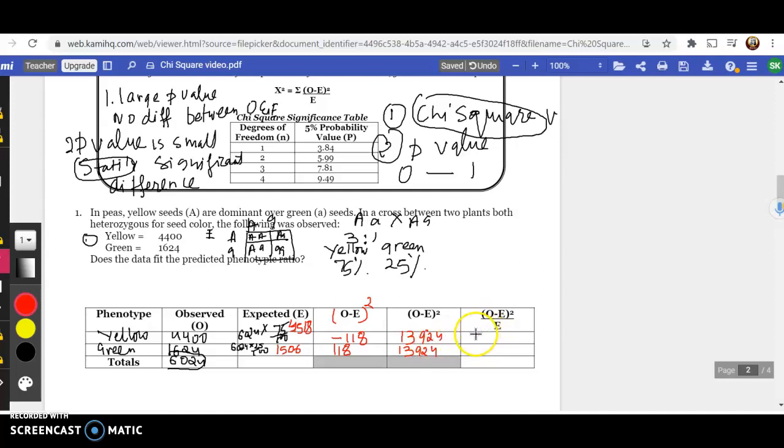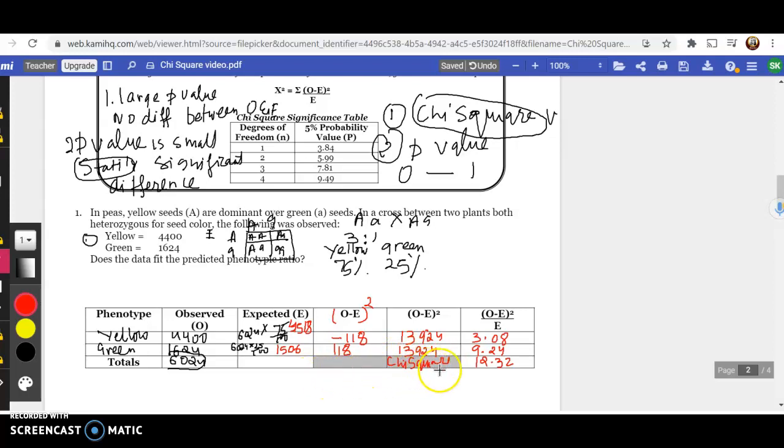You're going to get 3.08. And now you're going to divide by the expected value, which is 1506. 13,924 divided by 1506, you will get a value of 9.24. Now add them all and you're going to get 12.32. This is your chi-square value, the chi-square value.